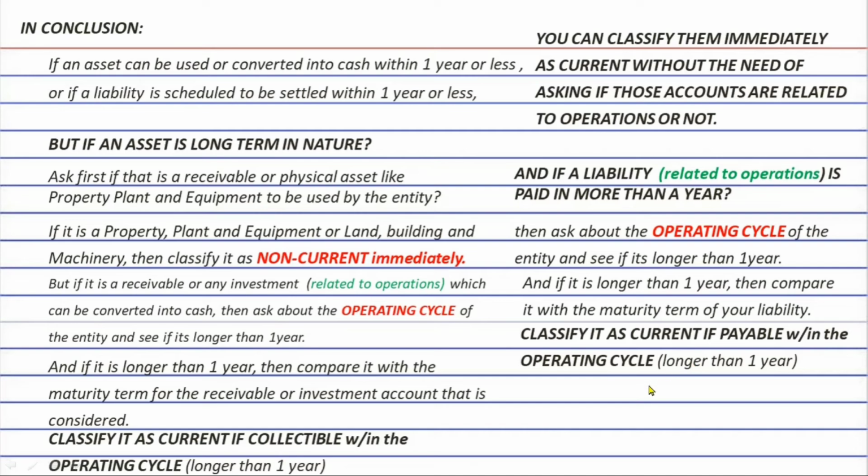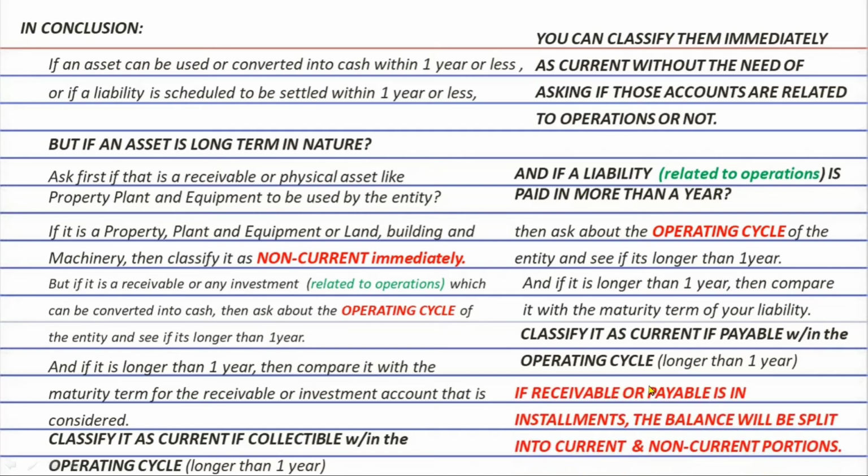Lastly, there's a twist that you need to know: if the receivable or payable is in installments, the balance will be split into current and non-current portions. Let me repeat that. If the receivable or payable is in installments, they will be split into current and non-current portions.